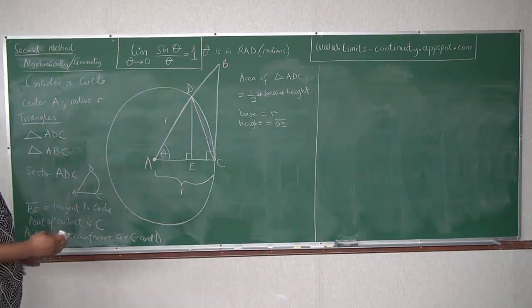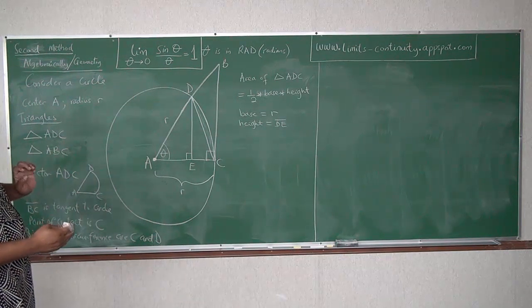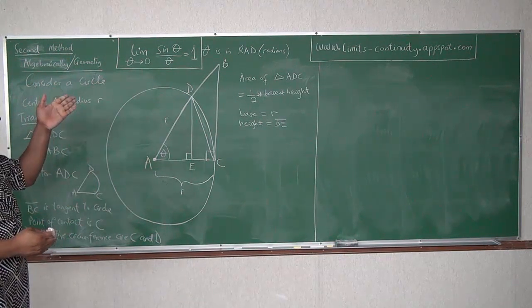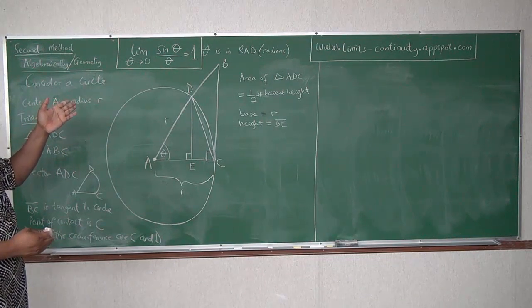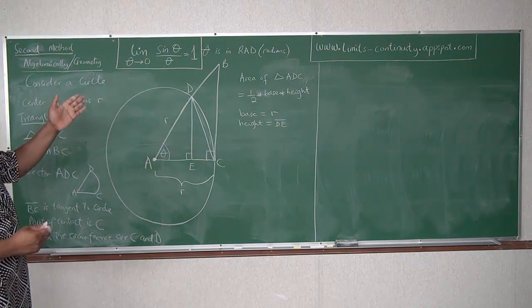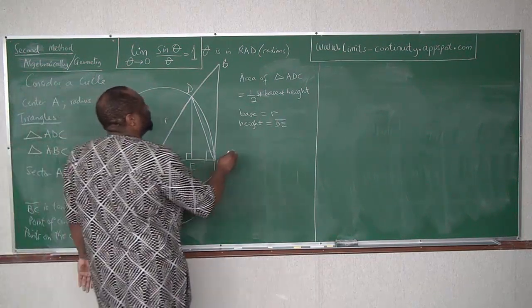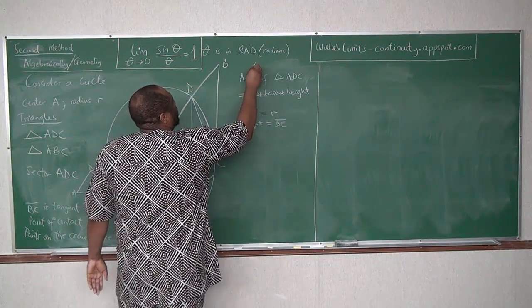But sine theta is opposite. We want to find the height. So sine theta is opposite over hypotenuse. So this is triangle ADC.